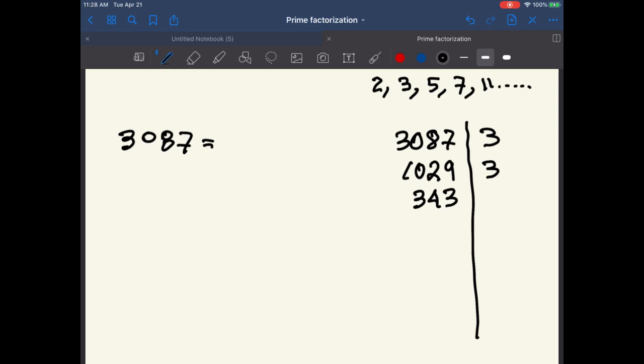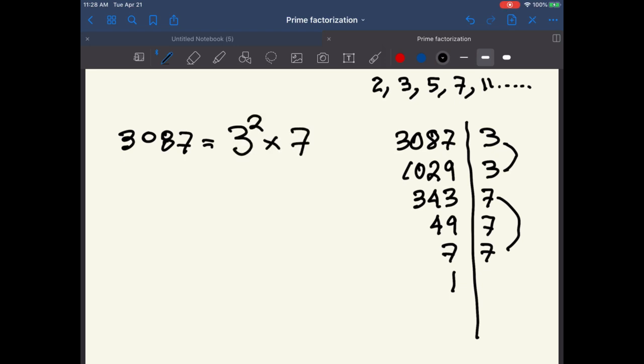It's not divisible by 5. I try to see if it is divisible by 7. If you divide by 7, you get 49. And 49 is divisible by 7 again, it's going to be 7. And 7 is divisible by 7, and you get a 1. Now I have 3 squared times 7 to the third.